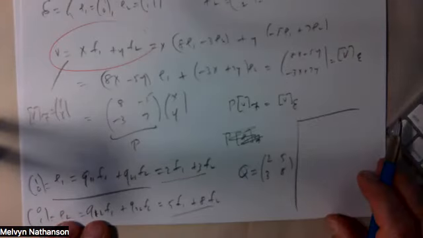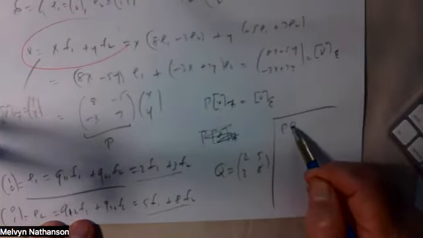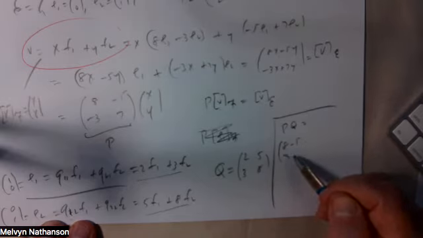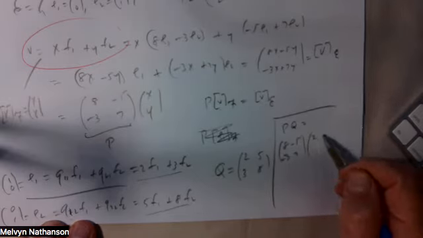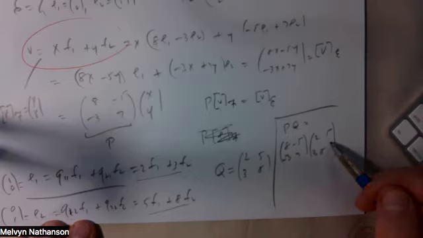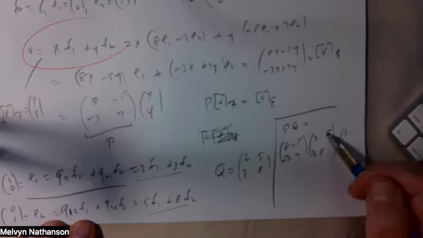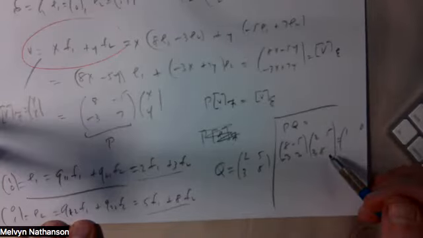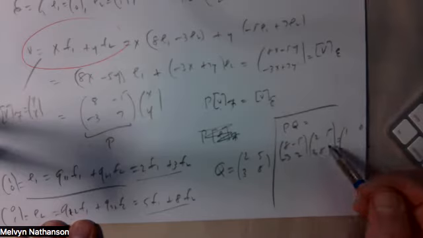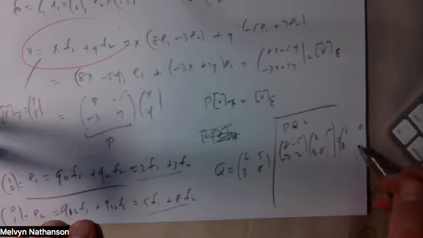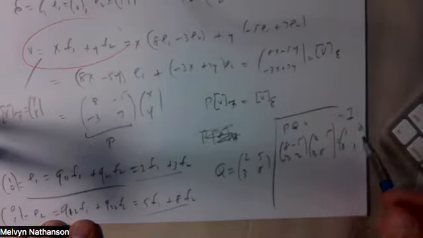So let's just do a calculation. What is P times Q? This is the matrix P, this is Q. So this is (8, -5; -3, 7) times (2, 5; 3, 8). If I multiply, I get 16 minus 15, 40 minus 40, minus 6 plus 6, minus 15 plus 8, I get the identity matrix.